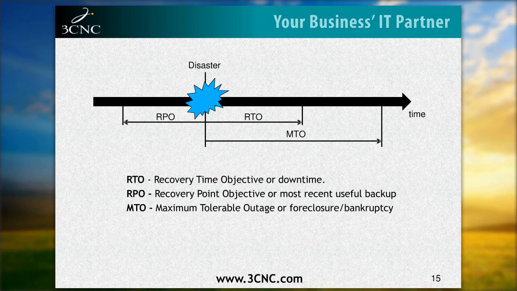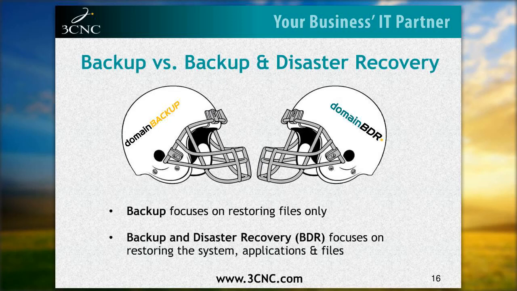You're going to have everything that you had saved from that point on. All right, and then there's MTO, which is the maximum tolerable outage, or foreclosure and bankruptcy. And once you get to that line, it's over for the business, and really you got to close your doors and call it a day.